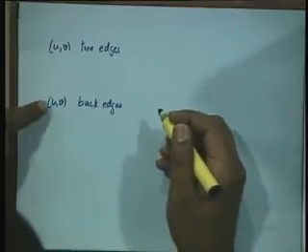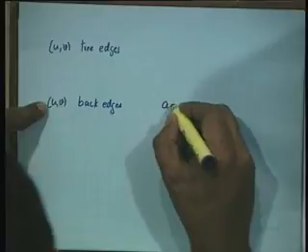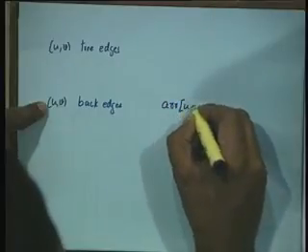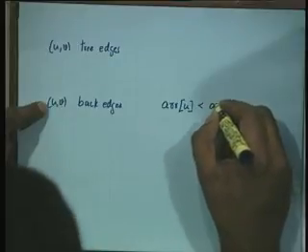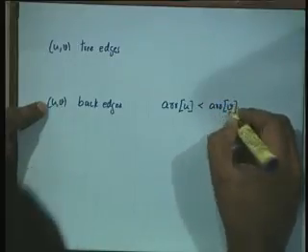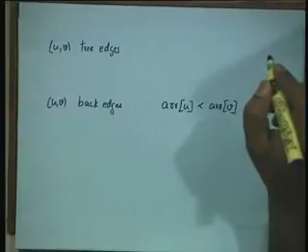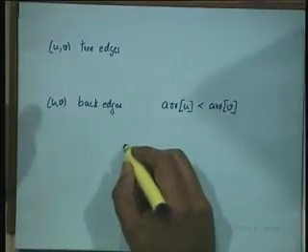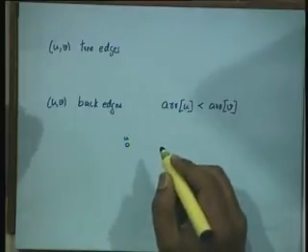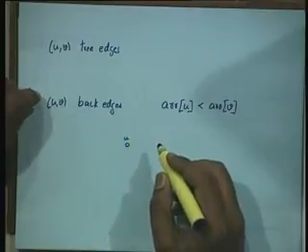Let me ask you these questions. Suppose I tell you that the arrival time of u was less than the arrival time of v. That is, I reached node u before I reached node v.